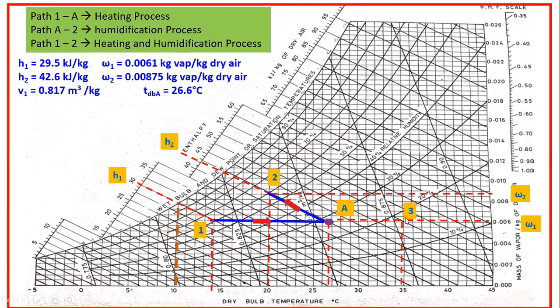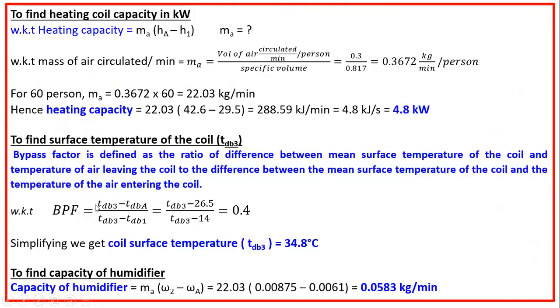So we need to find this coil temperature. Substitute here, since the bypass factor is given as 0.4, and when we simplify, we'll get the coil surface temperature as 34.8 degrees centigrade.